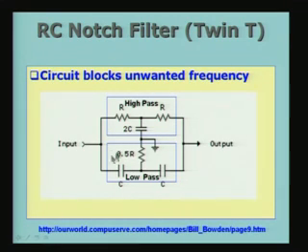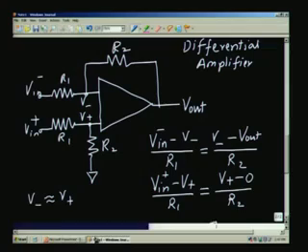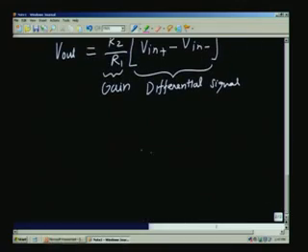The other point is, in any measurement where you are going to look at signals coming from a sensor, we also have a little bit of noise that accompanies the signal.